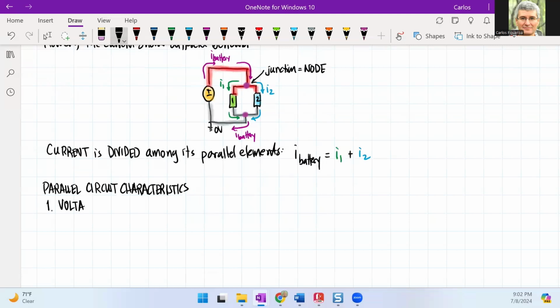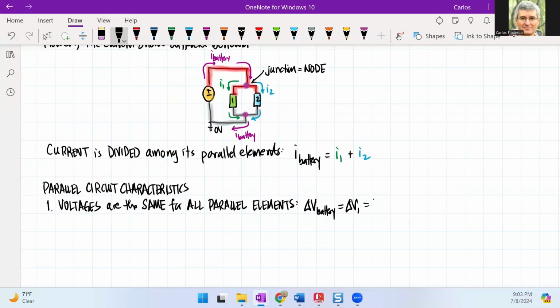Voltages are the same for all parallel elements. In other words, the voltage of the battery or the source voltage is also equal to the voltage across 1, which is the voltage across 2.